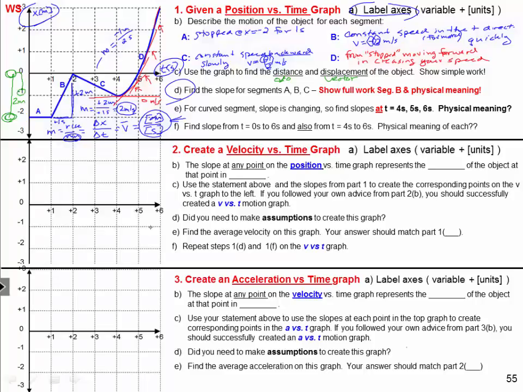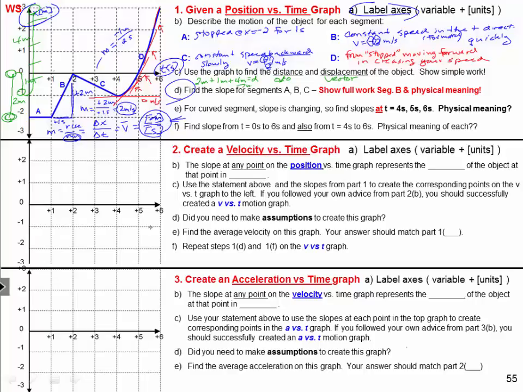Then it turns around again and moves up to here, which is 1, 2, 3, 4 more meters. If we're talking about distance traveled, we add all these distances up. So I have 2 meters plus 1 meter plus 4 meters equals my distance, which is going to be 7 meters.